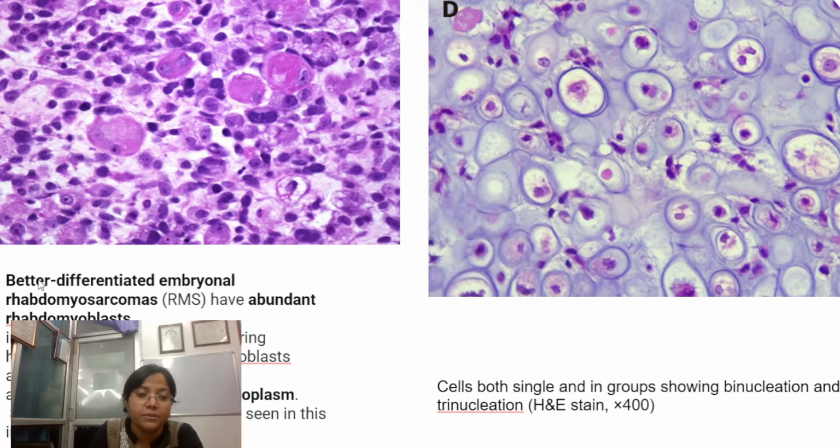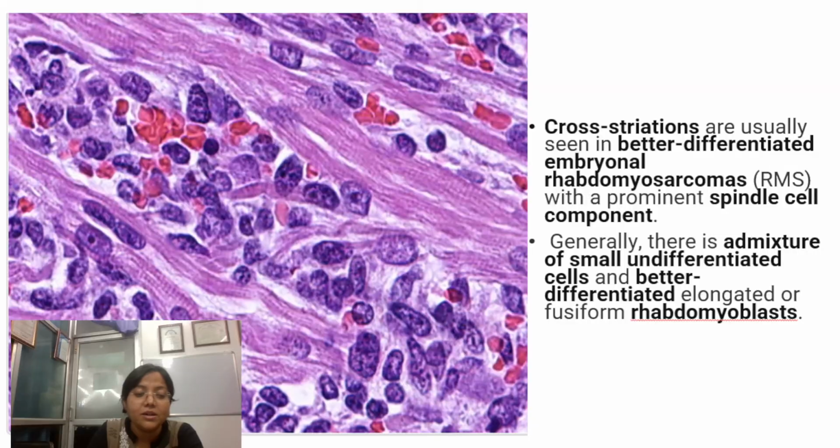In better differentiated rhabdomyosarcoma you can also see the cross striations of the muscles, and the tadpole like cells are seen. These elongated, amphibian larva looking cells are the tadpole cells, and here you can see the nucleus and the striations of the muscles in this area. So you can easily appreciate this, and this is known as the tadpole cell.